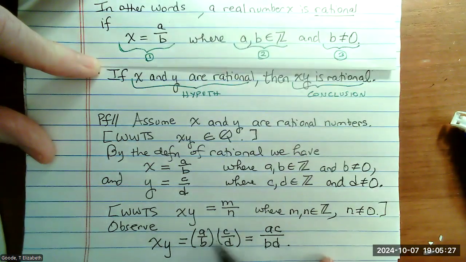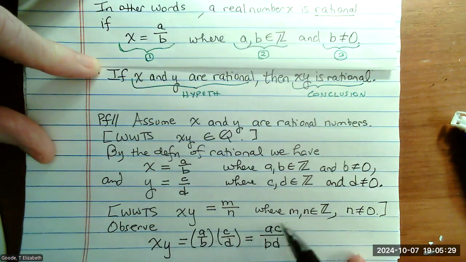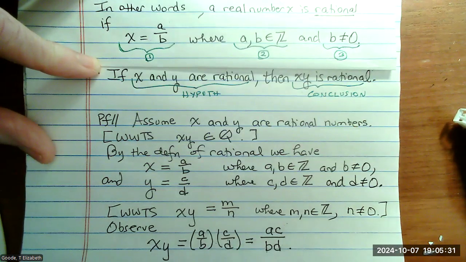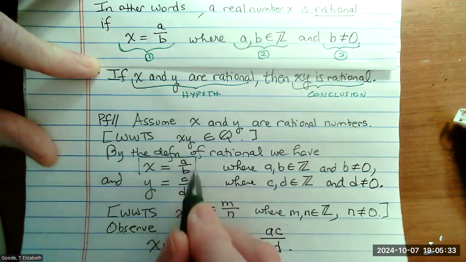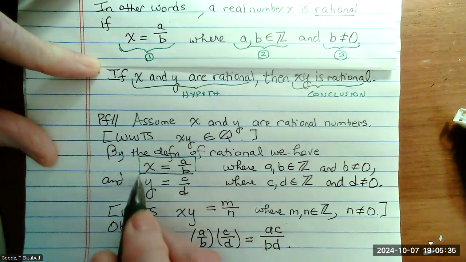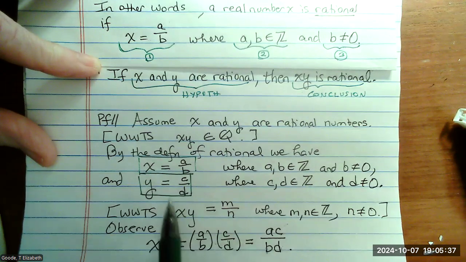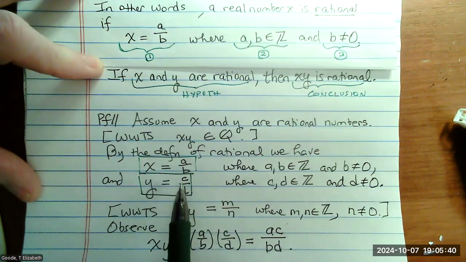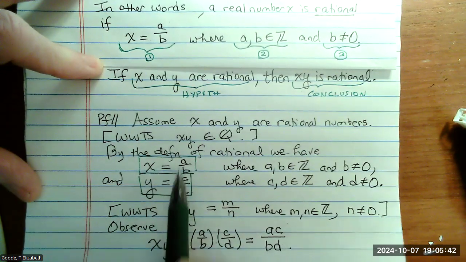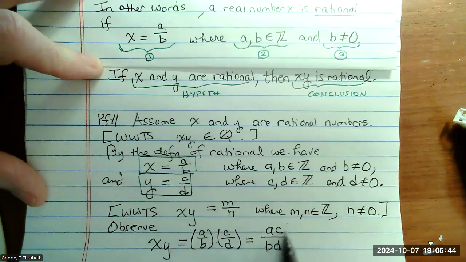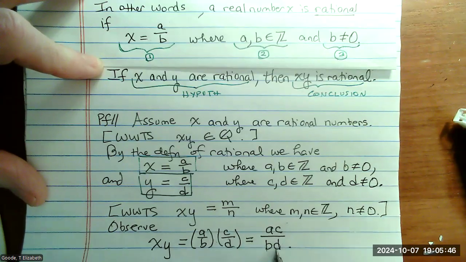And we used part 1 of the definition of rational to get this. We used this nice part 1 of the definition that X is equal to A over B, and part 1 of the definition where Y is equal to C over D. We just used those 2 things here. And now we've got part 1 of the definition of rational satisfied.